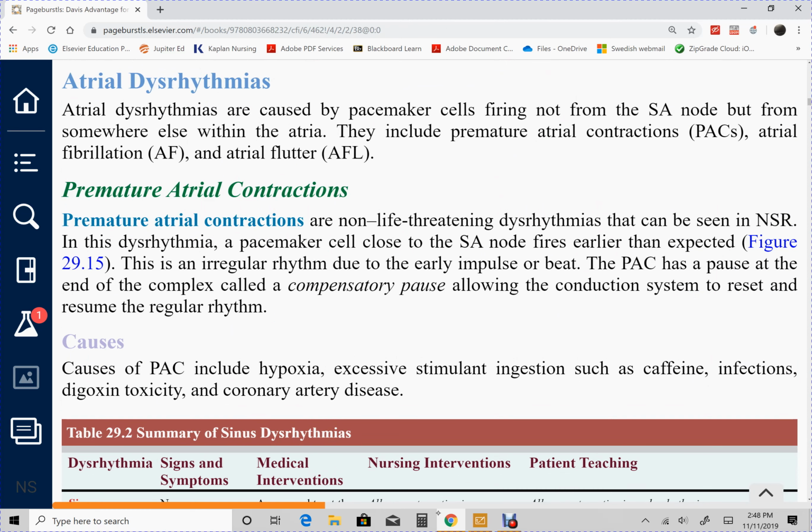What I mean is atrial dysrhythmias. So these are the atrial dysrhythmias. We have PACs, AFib, A flutter, and the last one is SVT, sorry, which is supraventricular tachycardia. This is still under atrial dysrhythmias. Okay, let's start with PACs.